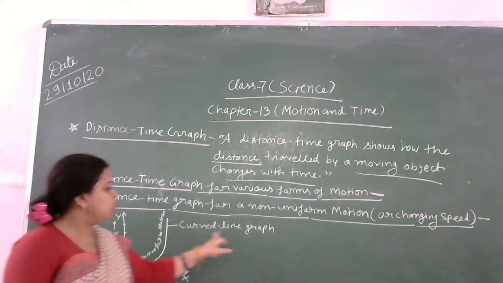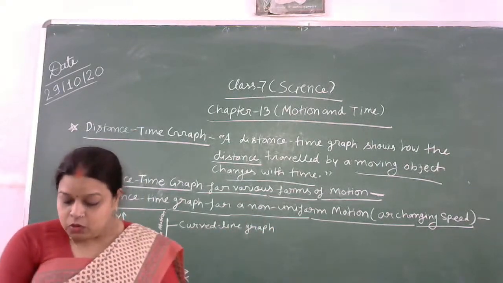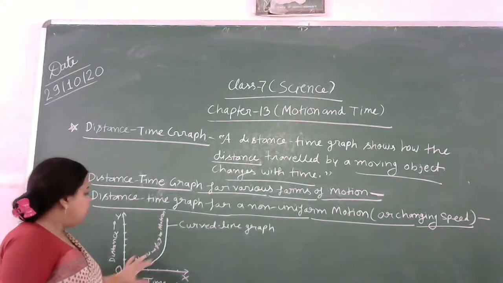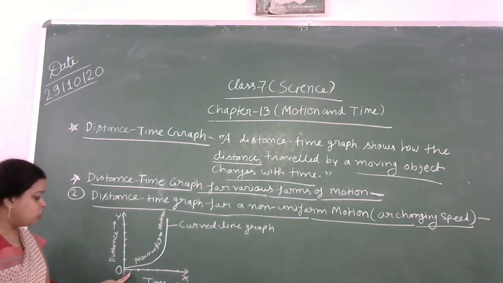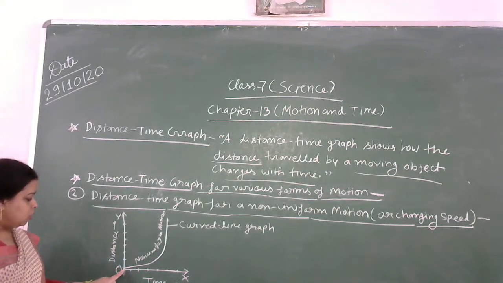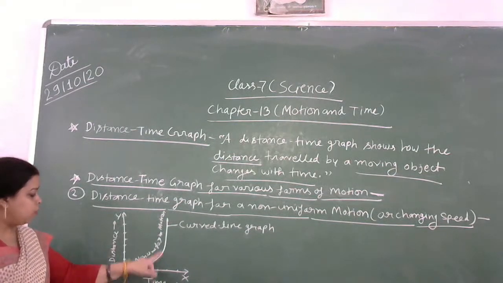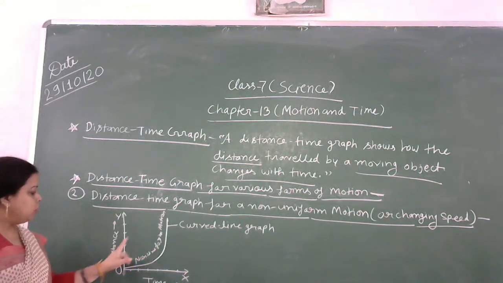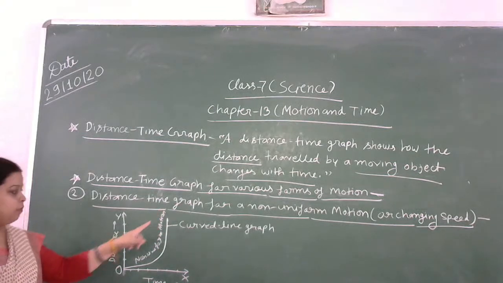This graph is known as a curved line graph. In this situation, you can see that, suppose in 1 minute the distance is less than 2 kilometers, 3 kilometers, 4 kilometers, 5. So you can see that the speed is changing here.